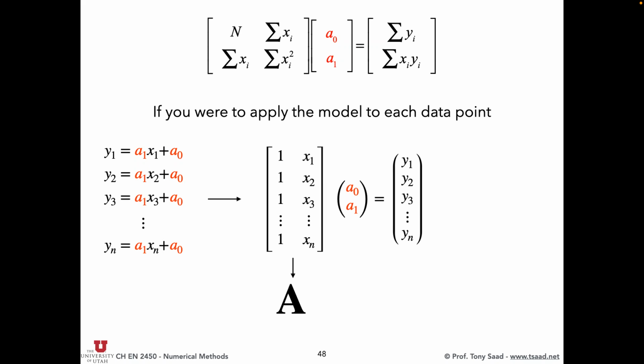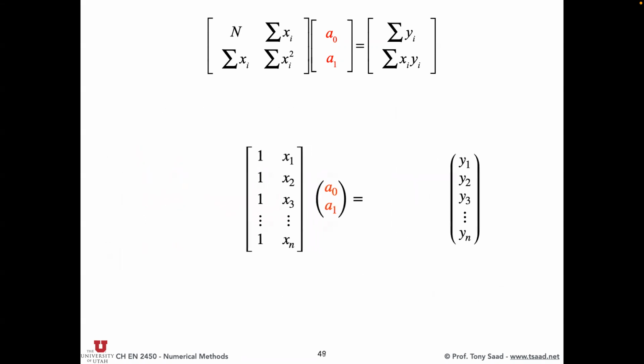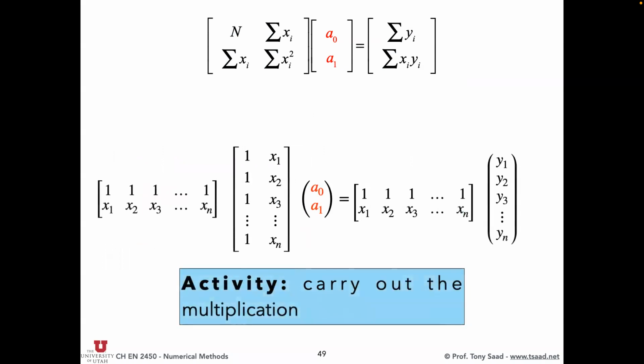Call this A. And now what I want you to do is multiply this whole system by A transpose. So this is A, and this is A transpose. You just flip the rows and the columns, okay? So go ahead and do this multiplication by hand right now.